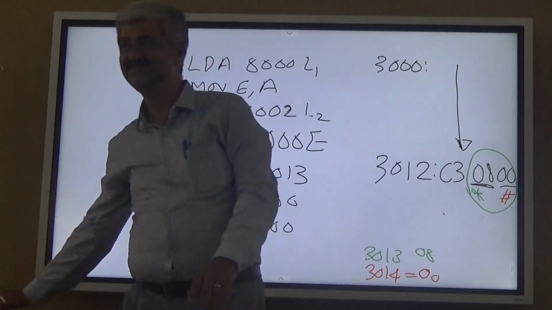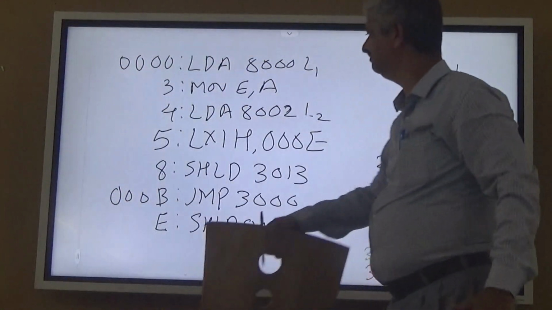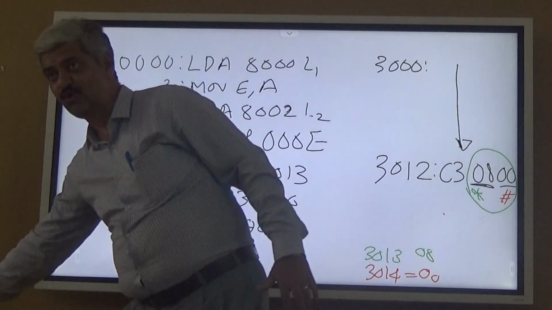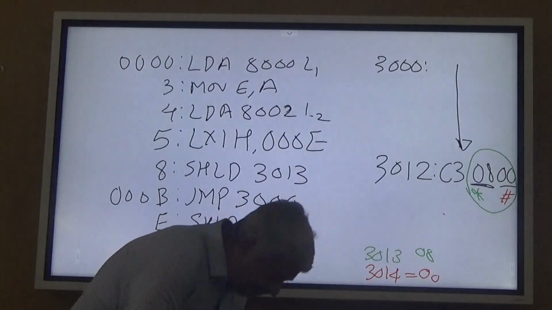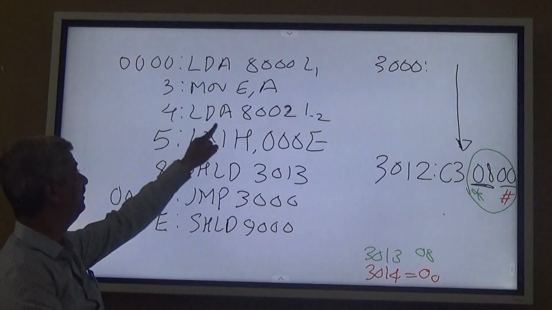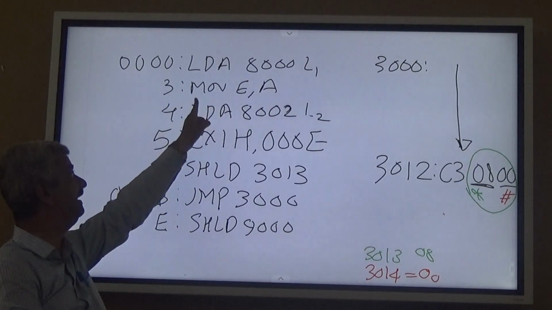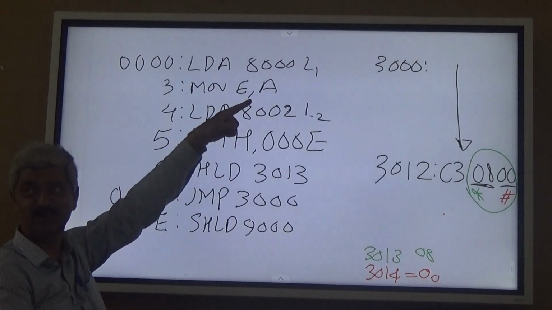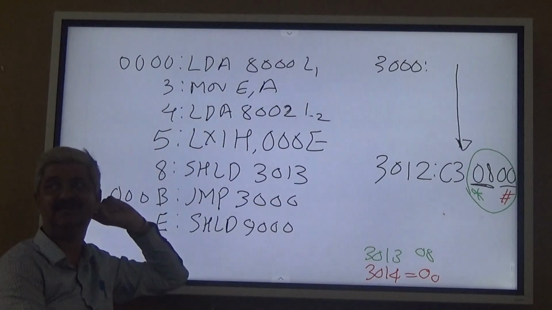You understood this. So what I am doing, LDA, that is okay, so operands are taken. Now I want to go to subroutine. From there I want to come back.